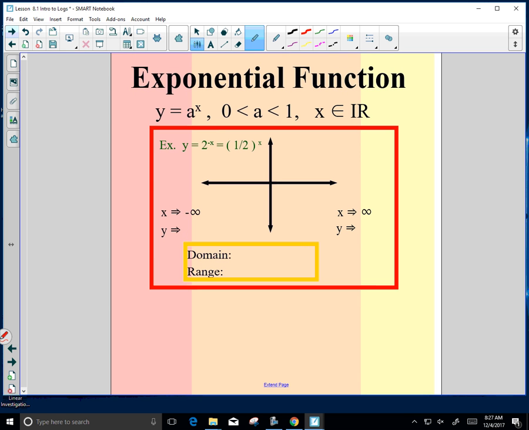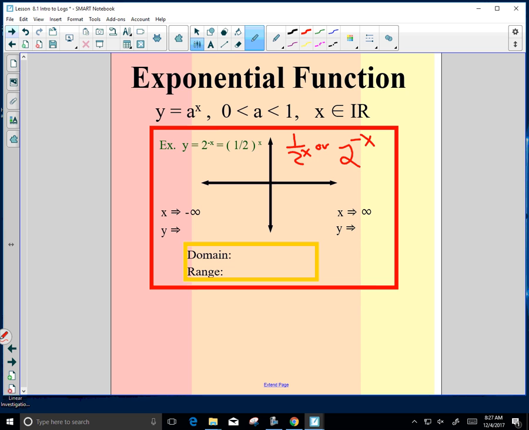Next. Now we're going to do the opposite. This time we're going to use a to the x, but it's going to be 1/2 to the x, or 1/4 to the x, or 1/8 to the x. But all that's happening here is that this is 1 over 2 to the x, or 2 to the negative x.